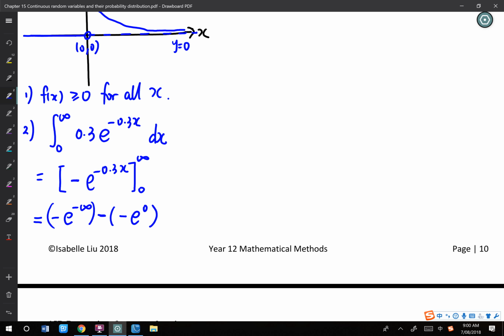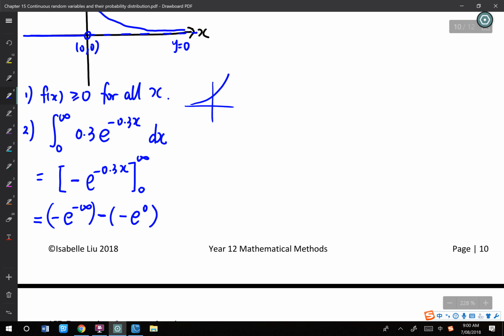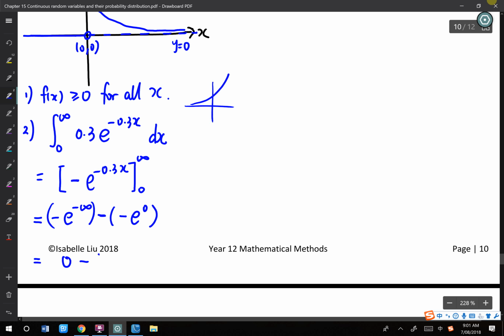What's e to the power of negative infinity? If you look at the exponential graph, when x equals negative infinity, what is y approaching? 0. So this value is just 0. Okay, so we treat that as just a 0. So that is a 0 minus a negative 1. So that equals 1.